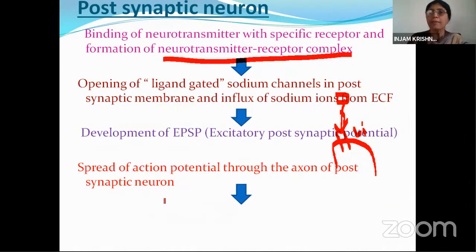Okay, if it is an excited membrane, sometimes what will happen? They cannot generate the action potential. Why? If this post-synaptic membrane is not excitatory, if it is inhibitory, it is not able to produce the action potential. Why? It depends upon the neurotransmitter maybe, or it depends upon the opening of the voltage gated channels, isn't it?